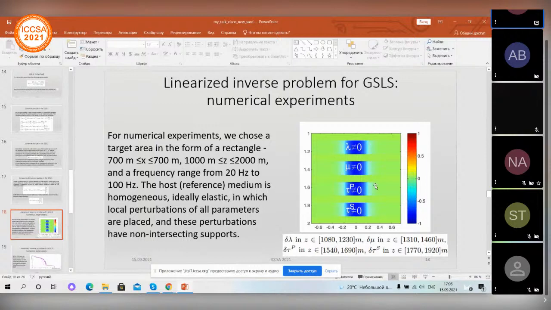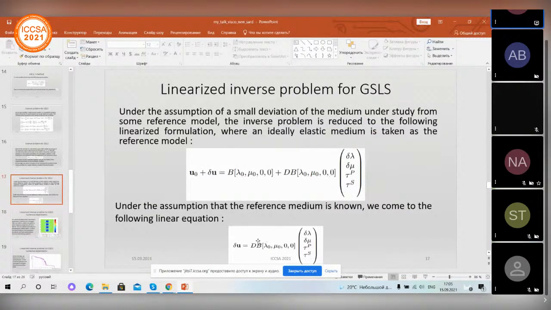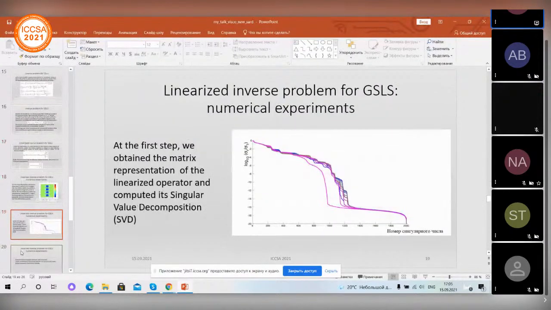So we need to resolve this kind of linear integral equations with respect to these parameters. We do it in the traditional way: we do the discretization, we come to the matrix linear algebraic equation, and the first stage was the computation of the SVD for this matrix.